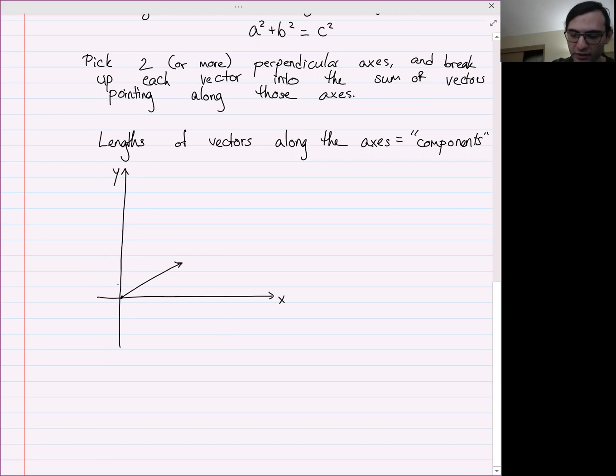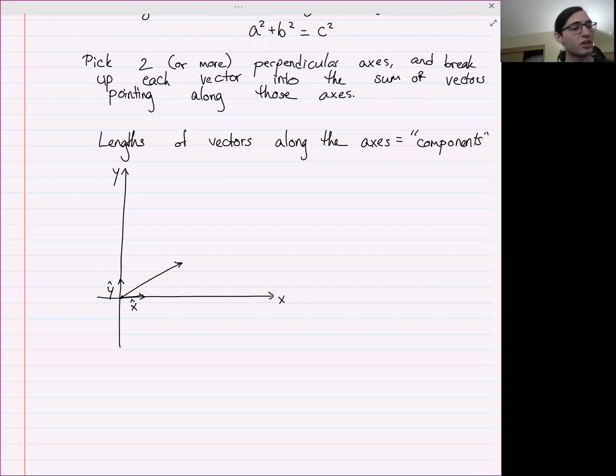There is some vector that points just upwards and doesn't have a length. That would be a unit vector. Let's call that y hat. It's just a vector that points in the y direction, but it has unit length, right? That's what this little hat means: unit length. And then there's a vector x hat, which points in the x direction and has unit length.